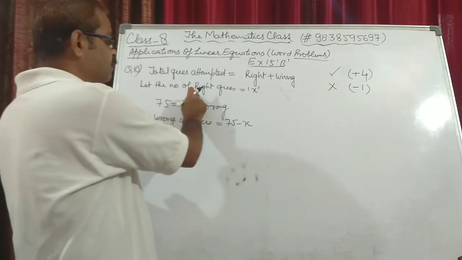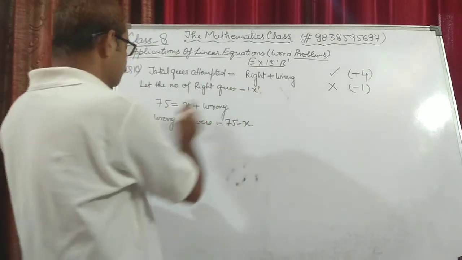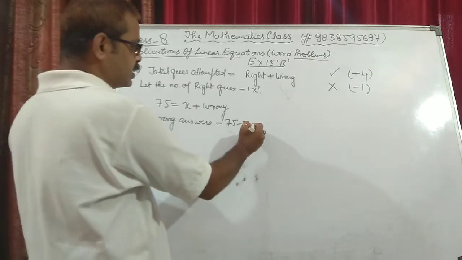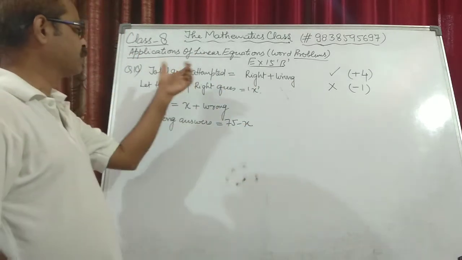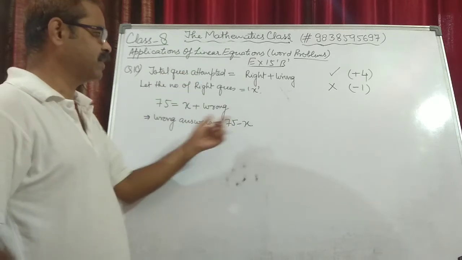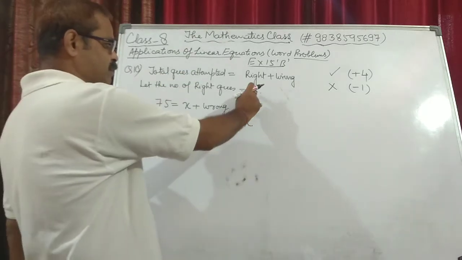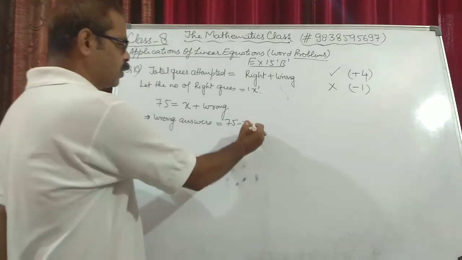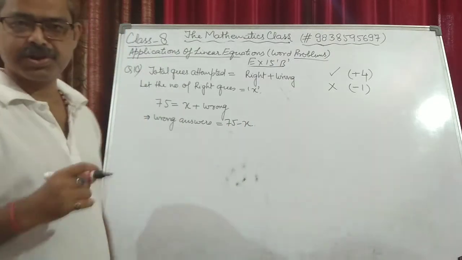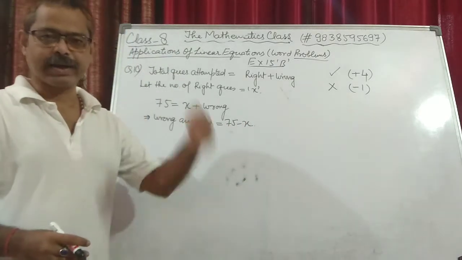We assume let the number of right questions be x, so wrongly attempted questions is 75 minus x. When you add both of them, you will get the total number of questions attempted, and that was 75. x and minus x will cancel, so final value will be 75. So this is how we are getting the number of questions that he attempted, which were right and which were wrong.